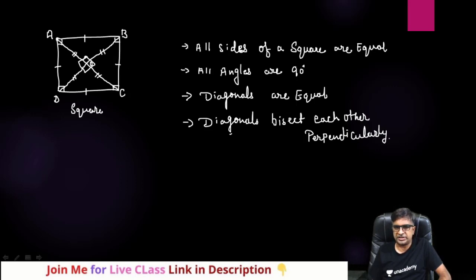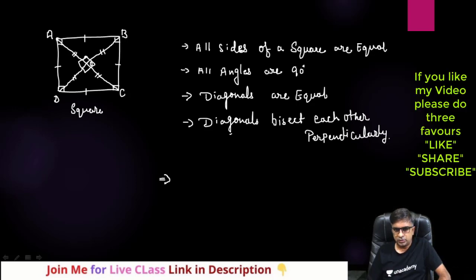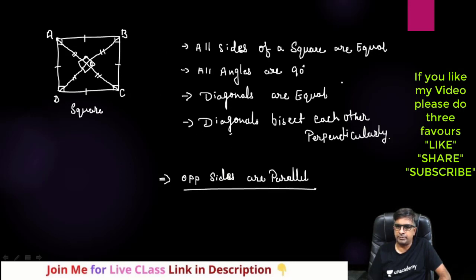Now one more property is there that will be followed in the first 4 figures, so I am writing that separately. Opposite sides of a square are parallel. This property we cannot include in the main properties, but it will be followed here.